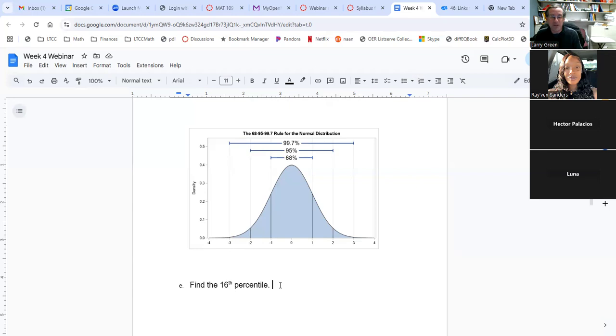That's just a note. So let me write that down: the 16th percentile is on the low side. It'll be negative.